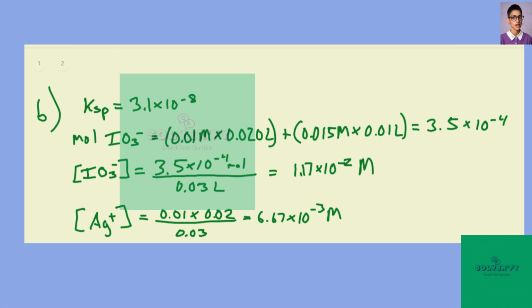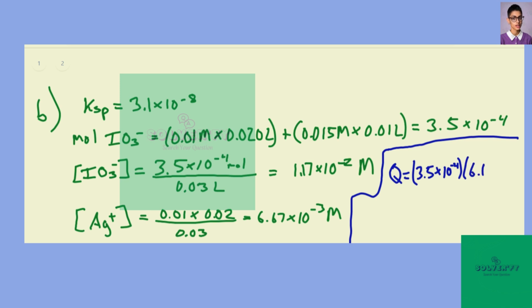So then to calculate Q, which we can do here, Q is equal to 3.5 times 10 to the minus 4 times 6.67 times 10 to the minus 3.